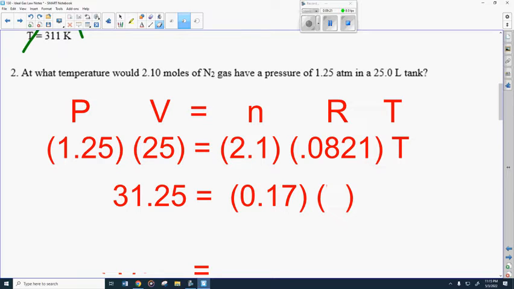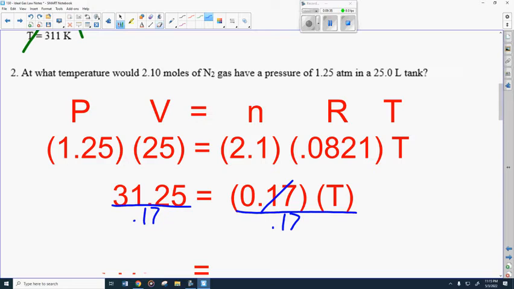And that's still multiplied by T here. And what do I have to do to both sides? Well, the opposite of multiplying by 0.17 is dividing by 0.17. So I'm going to do that on both sides here. These cancel out. Boom, boom.